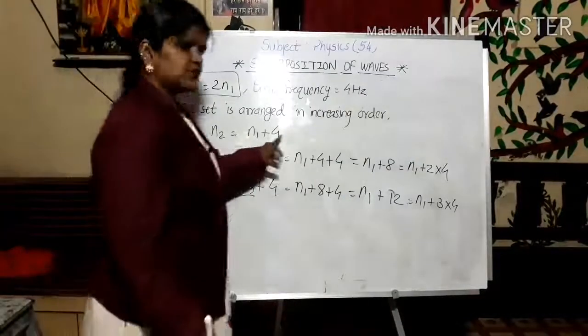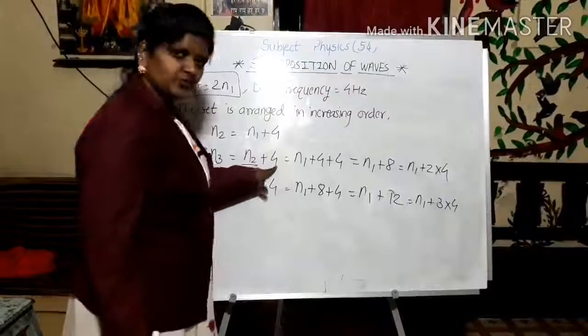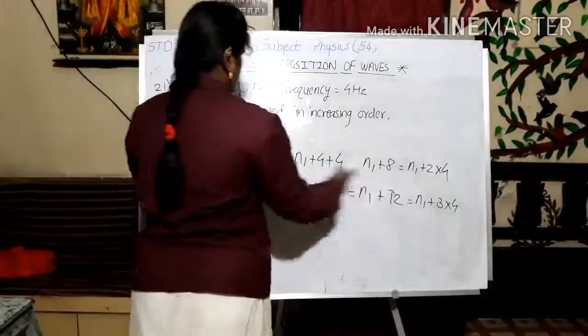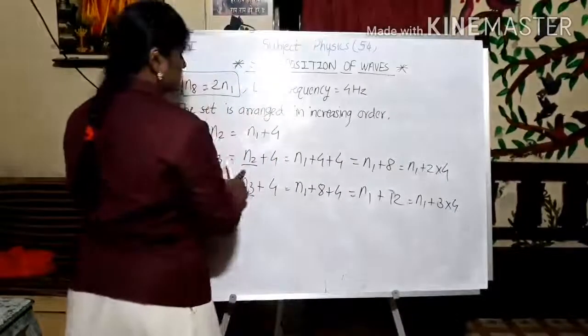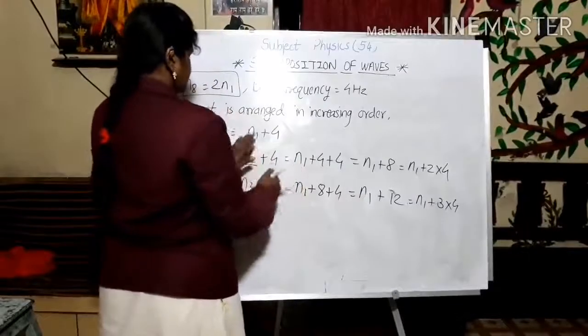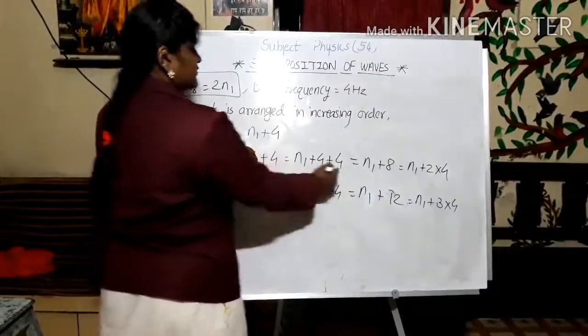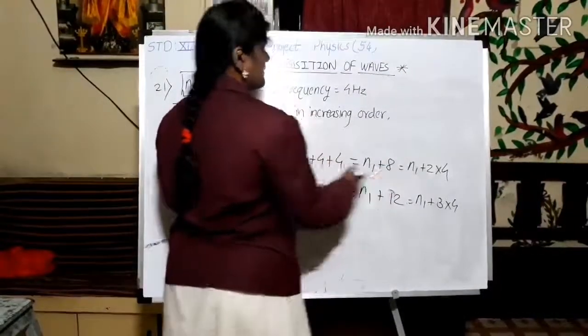N2 is N1 plus 4, right? N3 will be N2 plus 4, the previous one plus 4. This can be written by putting this value. Instead of N2 I have put N1 plus 4, and this plus 4 will be as it is. So it will be N1 plus 4 plus 4, which is nothing but 8.